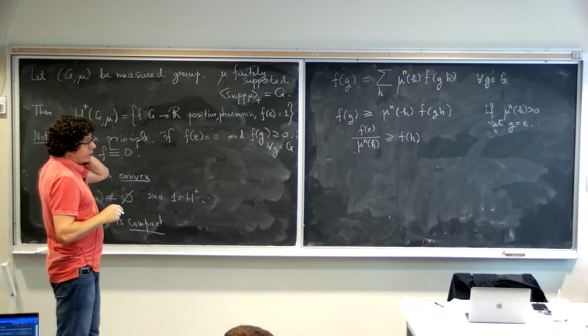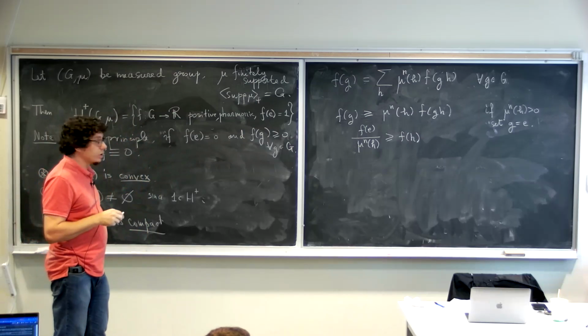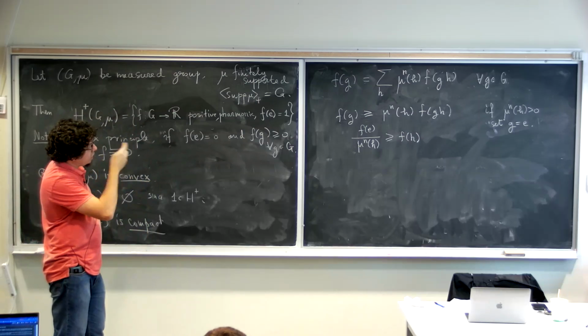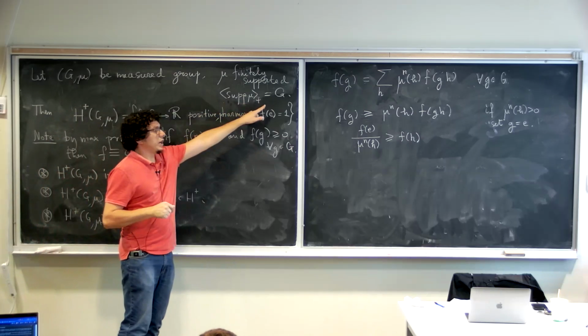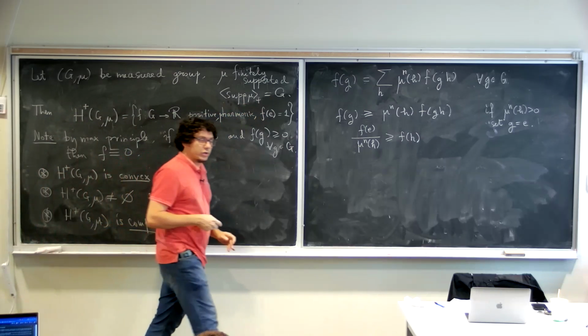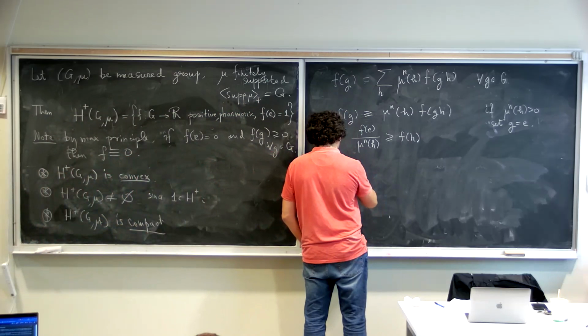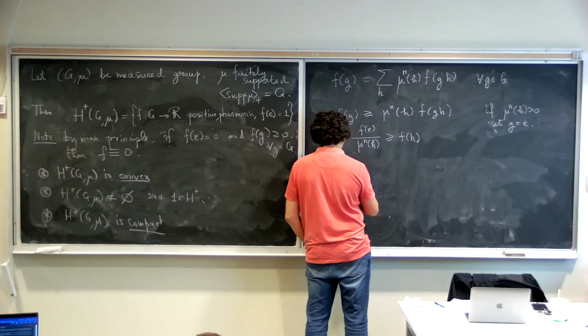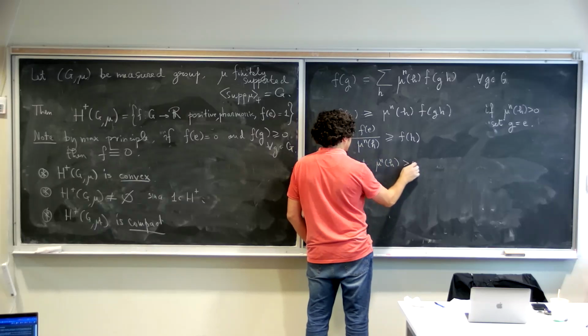So in general, for every h, you see, the support of mu generates G as a semigroup. So for any h, there exists some n such that mu n of h is positive.